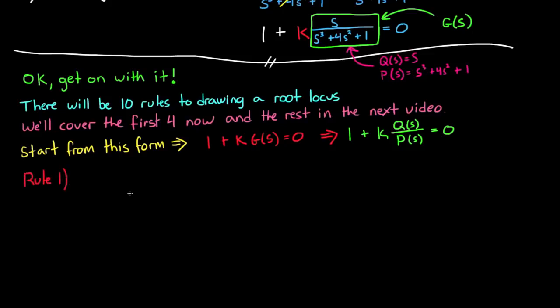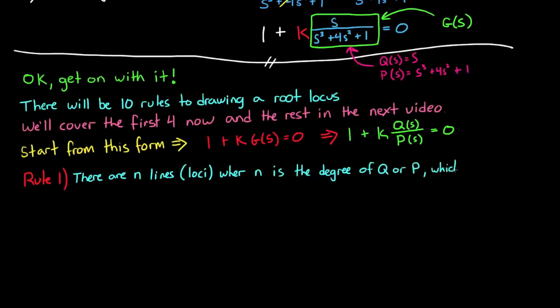Now why we break it up like this will make a lot more sense shortly. So rule number 1 states that there are n lines, or loci, where n is the degree of q of s or p of s, whichever one is greater. This just means that there are as many lines as there are either poles or zeros, whichever one you have more of. And this is going to make a little more sense after I explain rule number 2.